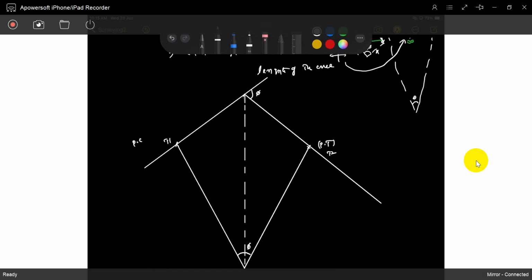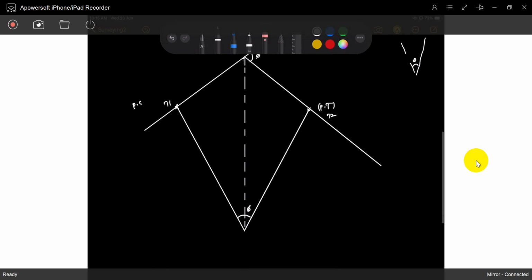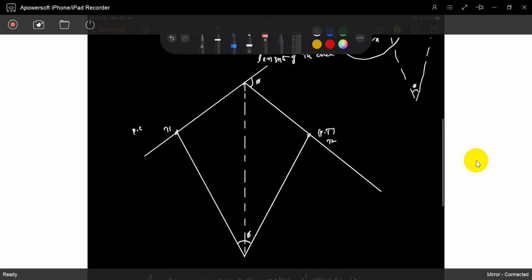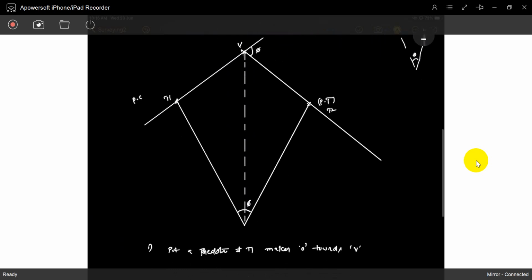First, put a theodolite at T1 and make zero towards V. V is the apex point, V.